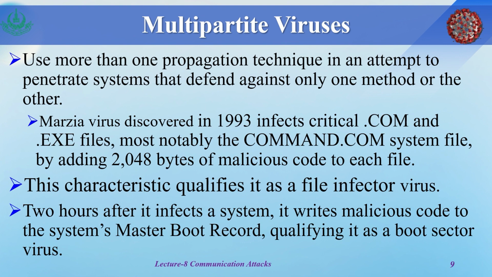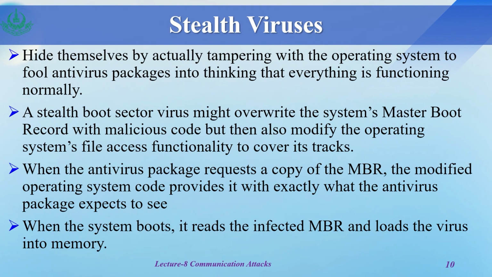This characteristic qualifies it as a file infector virus. Two hours after it infects a system, it writes malicious code to the system master boot record, qualifying it as a boot sector virus.